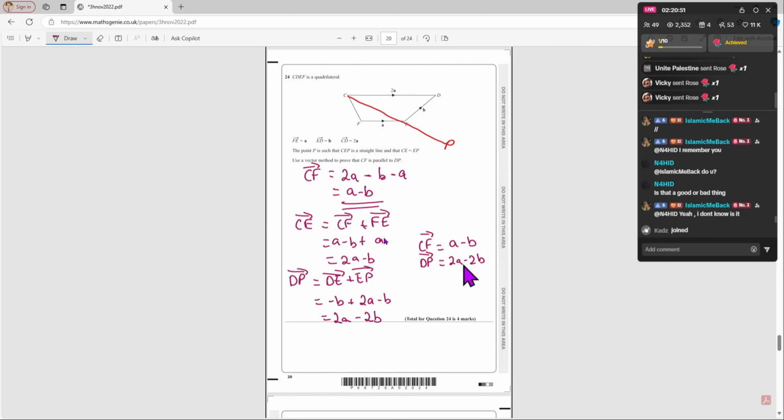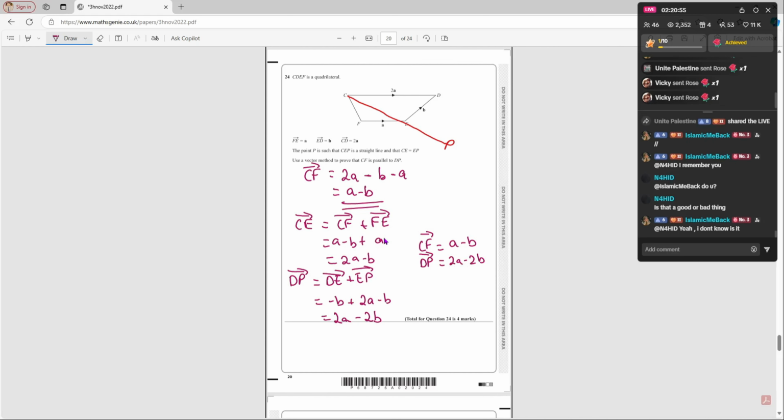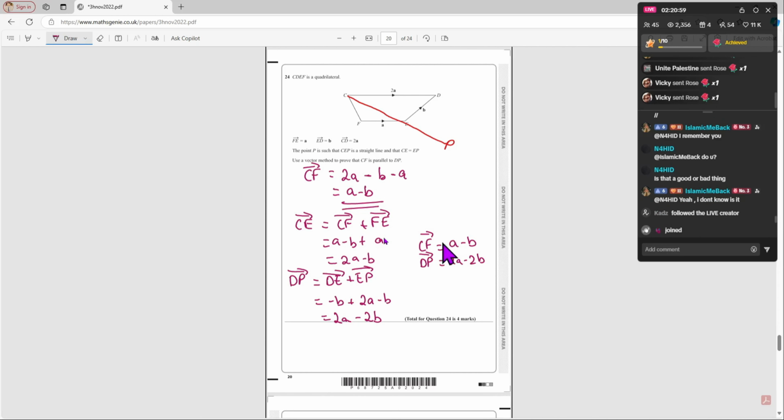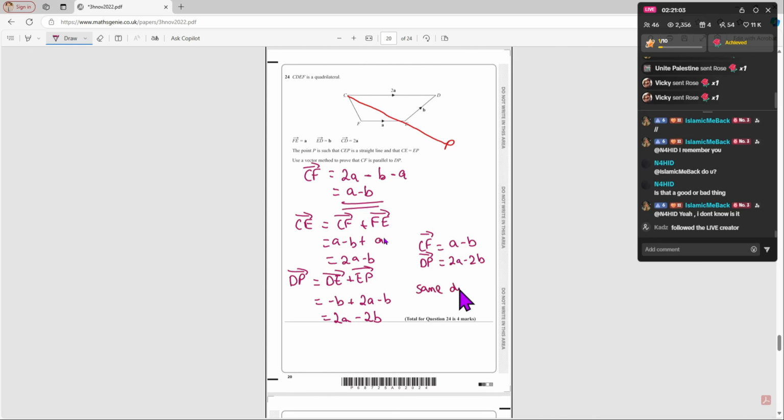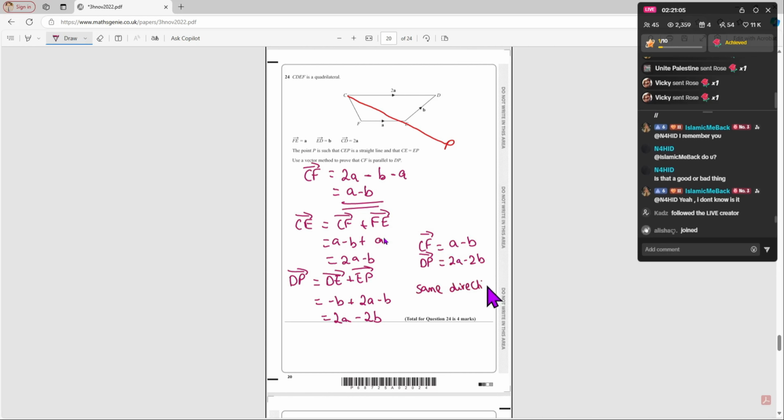It's just because they are in the same direction, they are just enlarged by a scale factor of 2, okay? So they're going in the same direction, therefore they are parallel to each other. So it's a bit of a long question, but that's how you would do it.